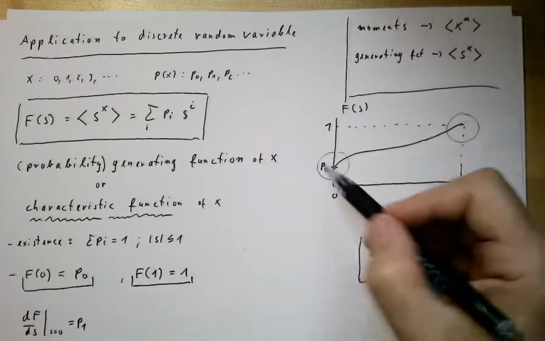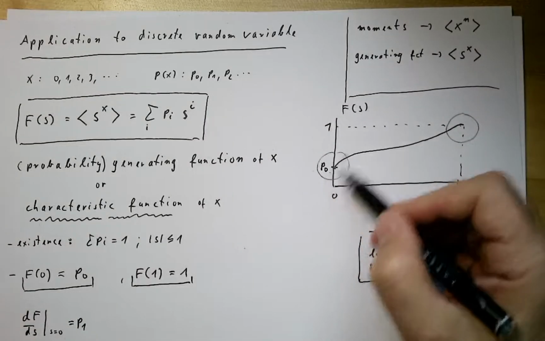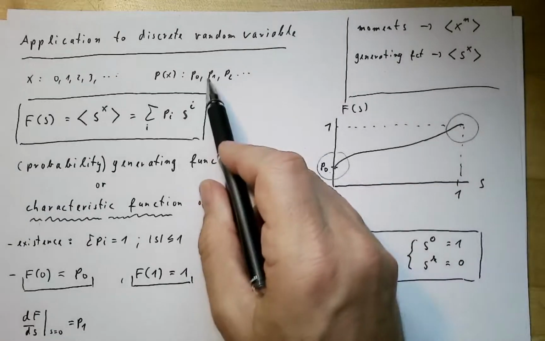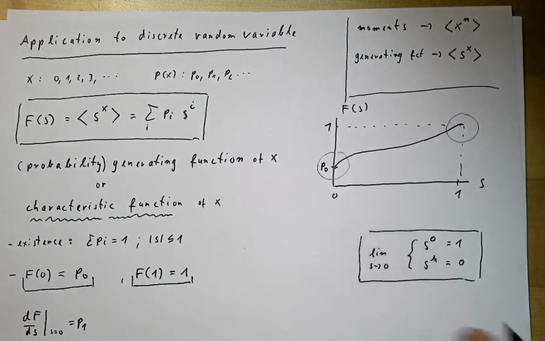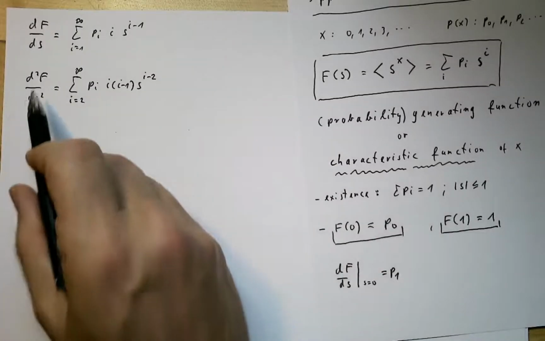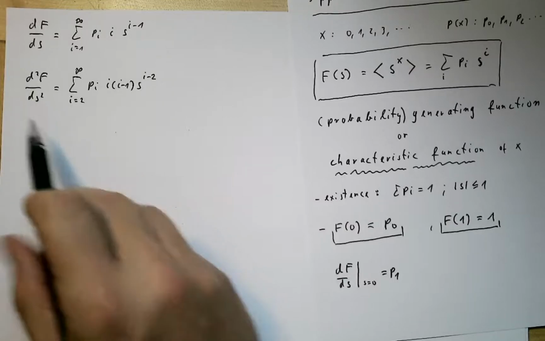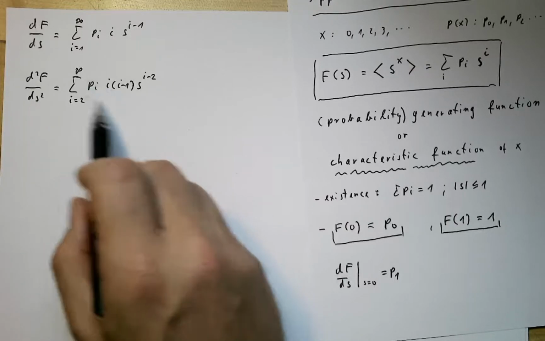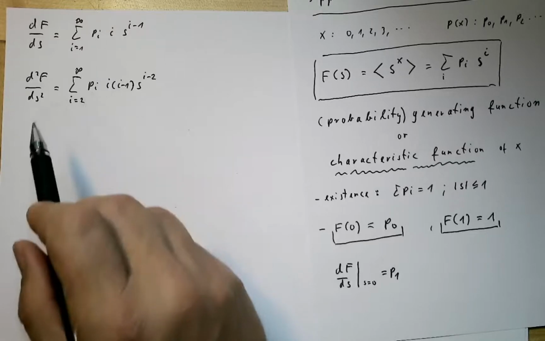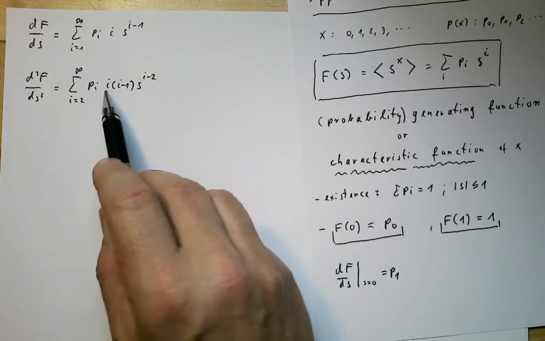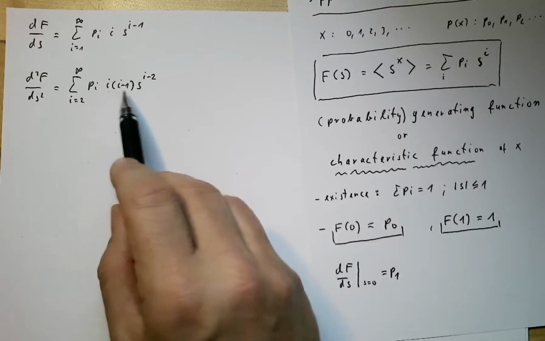The slope of our generating function at 0 is the second value of our probability distribution. Now, when you take the second derivative at position s equals 0, basically you find this p_2, but we still have the normalization by i times i minus 1.